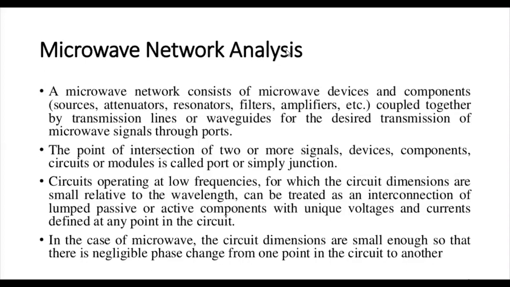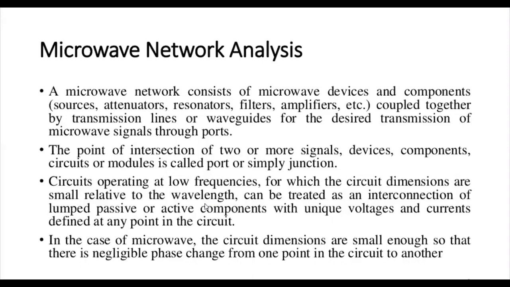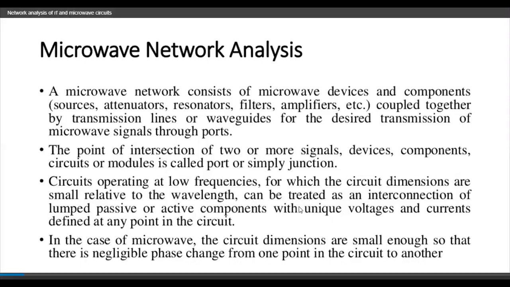So the physical length of the network should be much smaller than the wavelength of a signal transmitted. Coming to this concept, a circuit operating at low frequency, for which circuit dimensions are small relative to wavelength. That itself means the physical length of the network is much smaller than the wavelength. So again, it can be treated as an interconnection of passive and active components.